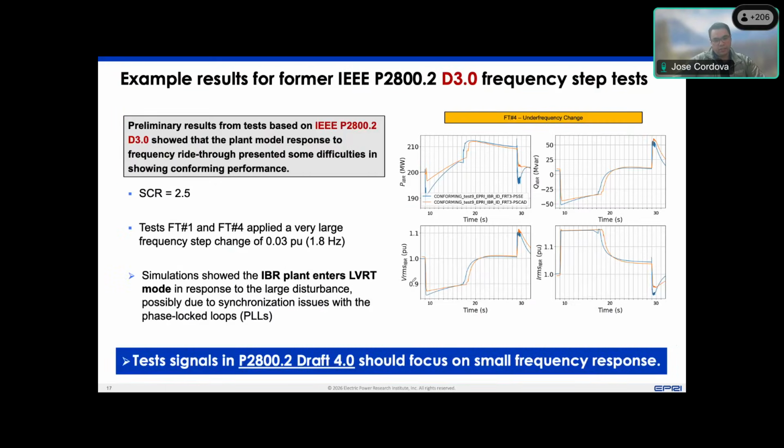These tests were performed in a weak grid, and as you can see, some results from the draft showed that the plant had some difficulties to conform with the base standard, given that because of the large step change, the plant will go into low voltage ride-through mode, and it will not perform as expected whenever this frequency event was applied.